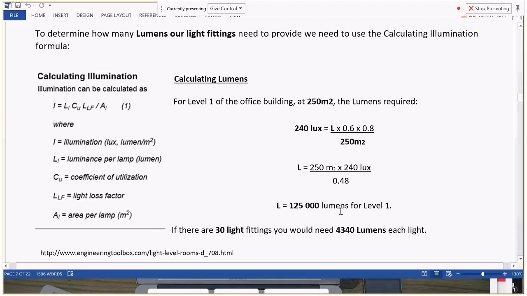Divide our 125,000 by that, and it tells us we need 30 light fittings. Or you can do it the other way around and say, I reckon I can put 30 light fittings in here, this is how much I need for each. But I suggest it's better to look for light fittings first, which produce sort of 3,200 to 4,600 lumens, that's the range you're looking at, choose a model, then work backwards.